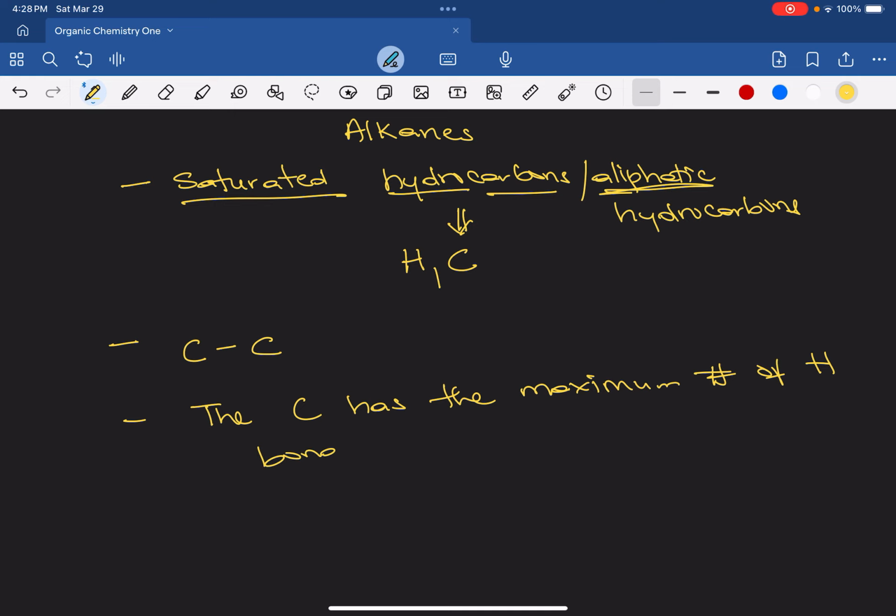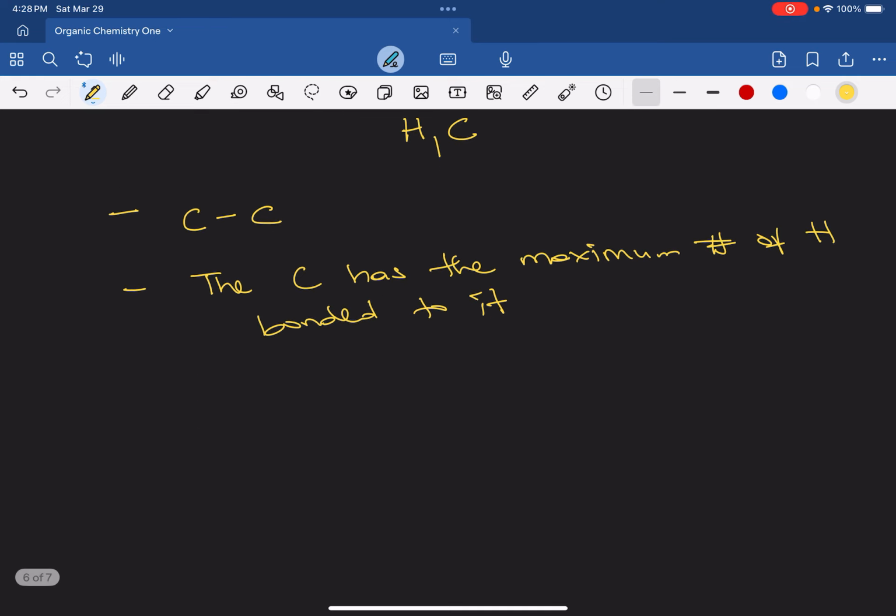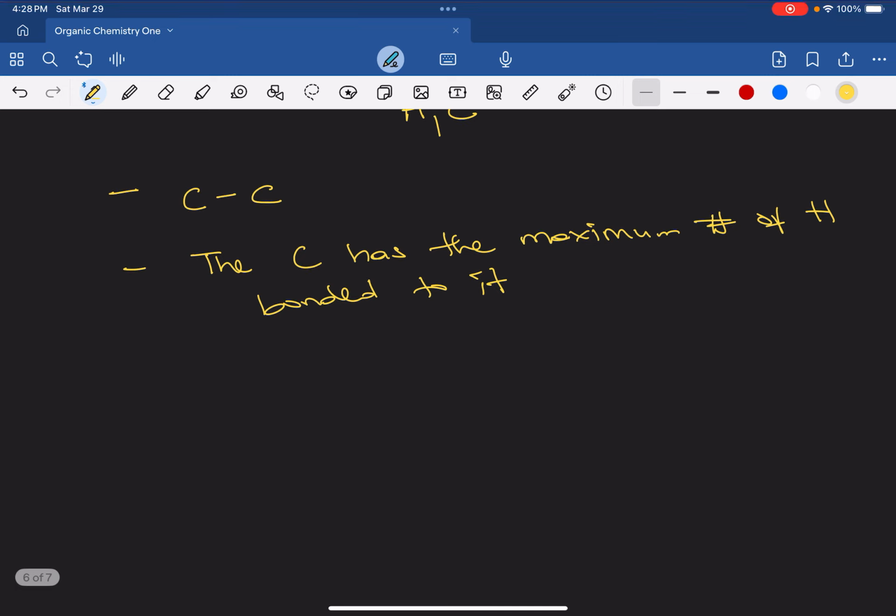And I'm going to explain what I mean by that, right? So let's explain what we mean by maximum number of hydrogens bonded to the carbon, which is what makes it saturated.